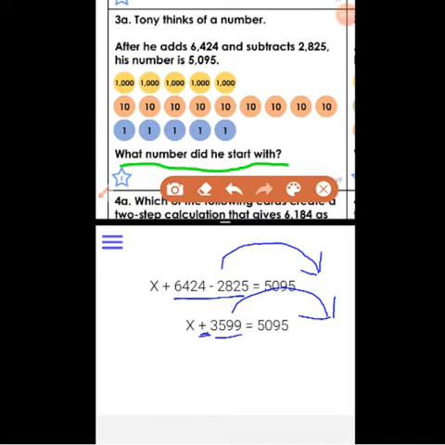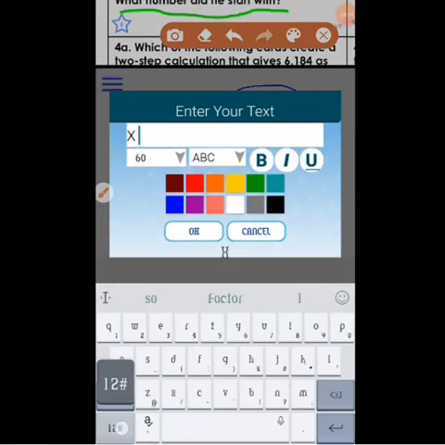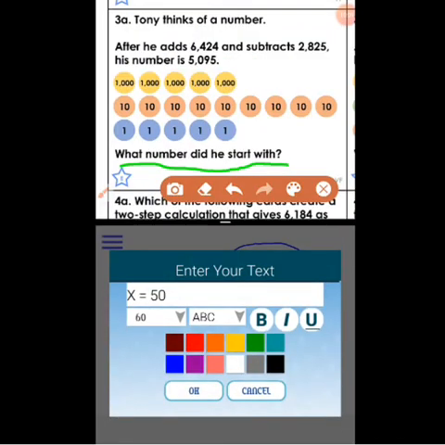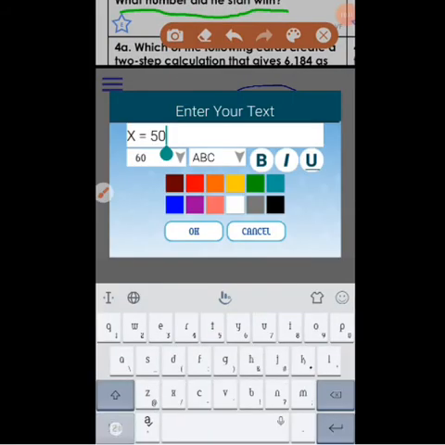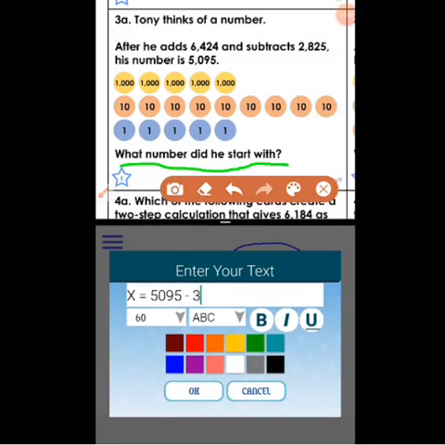Okay, so we now have x is equal to 5,095 minus 3,599.